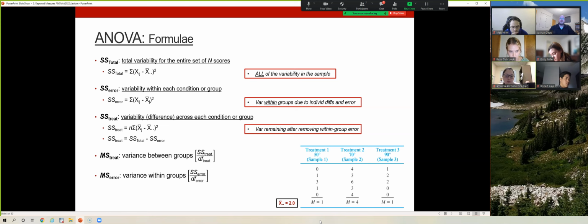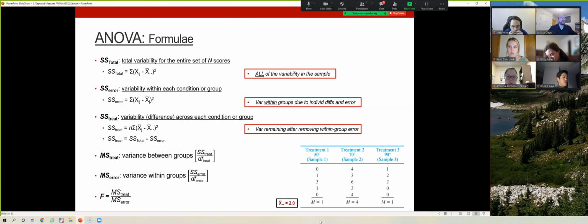Then I can take those sums of squares and divide them by a degrees of freedom estimate, which gives me a mean squared treatment. Remember that mean squared in ANOVA speak is just a variance estimate. I've taken a sum of squares divided by a degree of freedom, and it gives me a mean square. It's just a variance. And then to get my F test, I take my mean squared treatment over my mean squared error. That gives me my F ratio, and I'm off to the races.